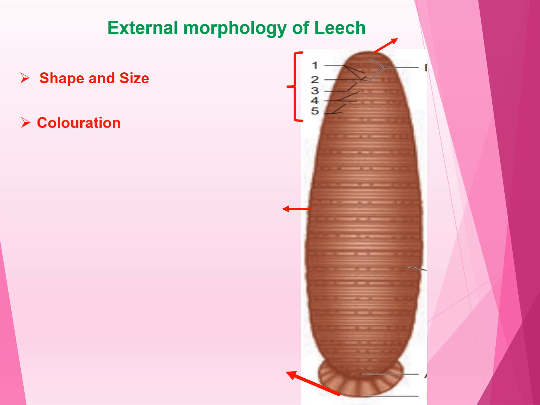Then coloration. The dorsal surface is olive in color. The ventral surface is orange-yellow or orange-red in color. Segmentation is metamerism of the body. The body of leech is metamerically divided into 33 segments. Metamerism means divided into equal-sized parts.